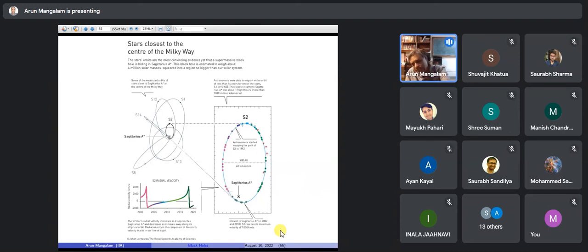They measured the velocities and constructed this very detailed diagram that you see on the right, with several positions. Once you get the positions and then you get the ellipse, you're able to measure the mass of the black hole. You know the innermost orbit, S2, so there are different orbits, different stars, and they're telling you that the mass of the black hole is contained within a certain region. So it kind of proves the existence of black holes.